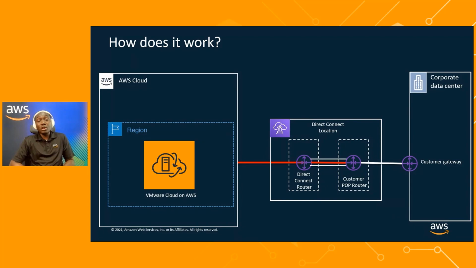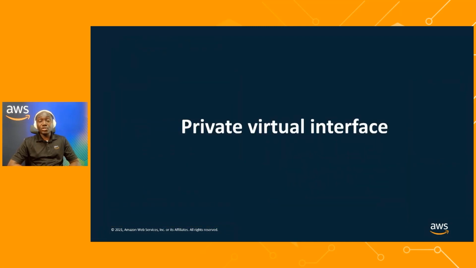So, like I said, we've seen how we do Direct Connect at the physical layer. We are now going to talk about how we configure these virtual interfaces to use them. The first interface type, the public one, is not used too much on VMware Cloud on AWS, so I'm going to focus on the private virtual interface.